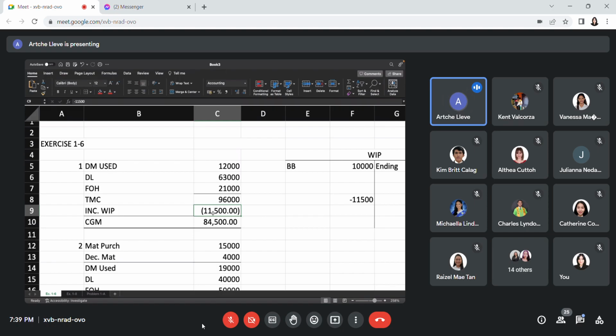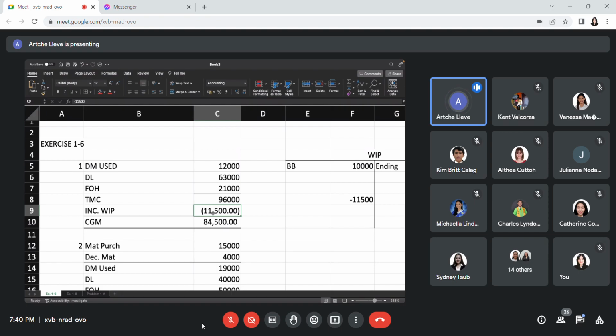Same procedure for increase in materials, then decrease in materials. So if it's increase in materials inventory, you will deduct. If it's decrease in materials inventory, you will add. Same procedure also for your finished goods inventory.